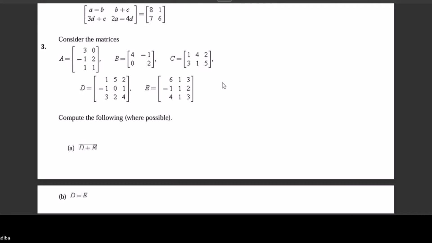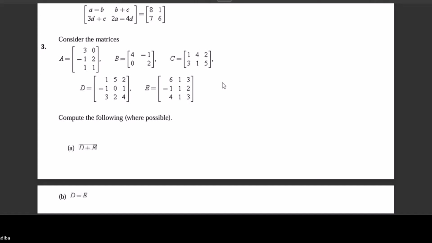4 multiplied by E is 24, 4, 12, then second row, -4, 4, 8, third row, 16, 4, 12. Then 2 multiplied by D is 2, 10, 4, -2, 0, 2, 6, 4, 8.